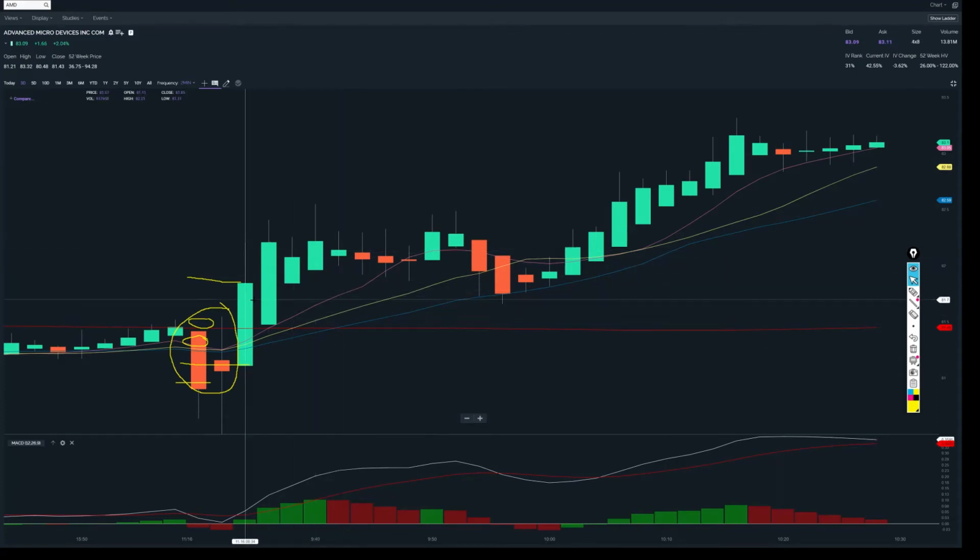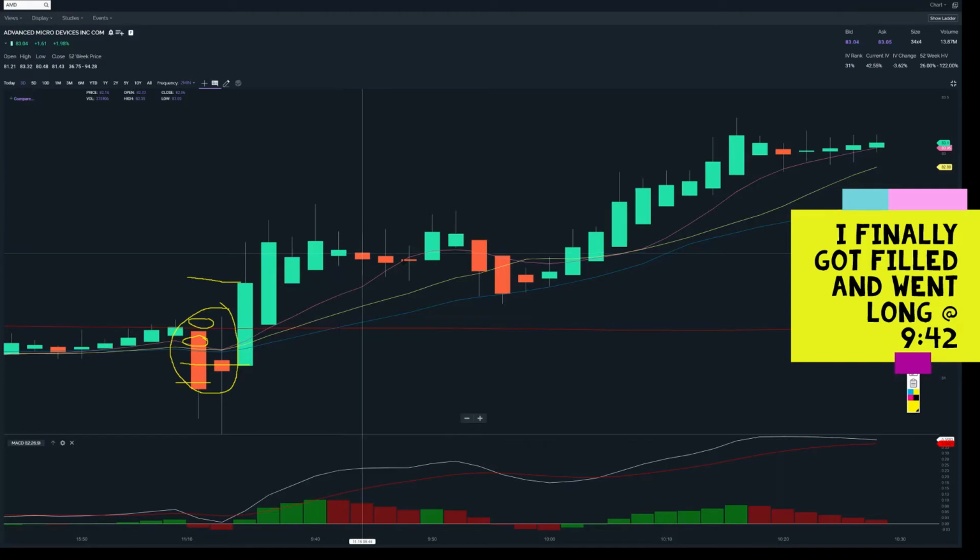I tried to get filled in this area, but I couldn't. I couldn't find a price point that I wanted, and I wasn't willing to pay a little bit more. I try to pay between $500 and $600 per contract. I couldn't get anything in here. I wish I could have gotten to this trade earlier. It would have been a bigger return, but we couldn't. We didn't get filled until 942.